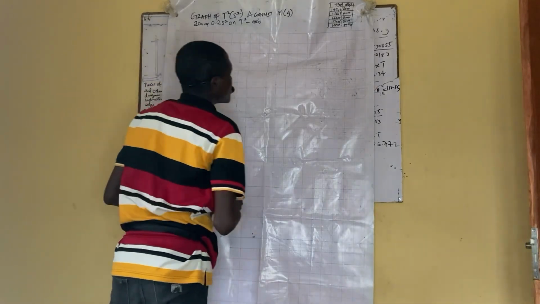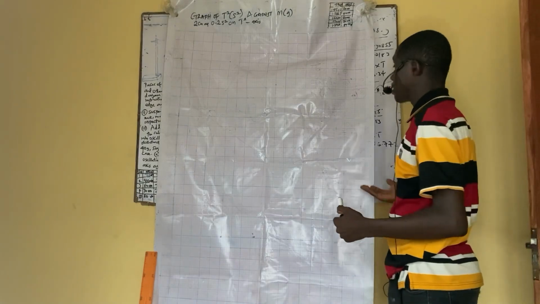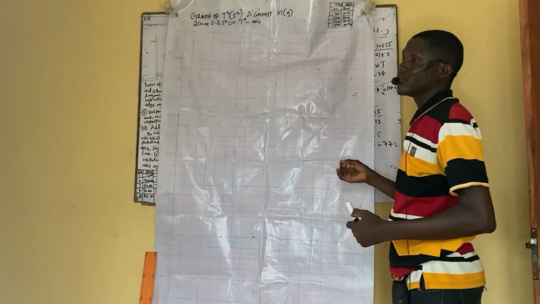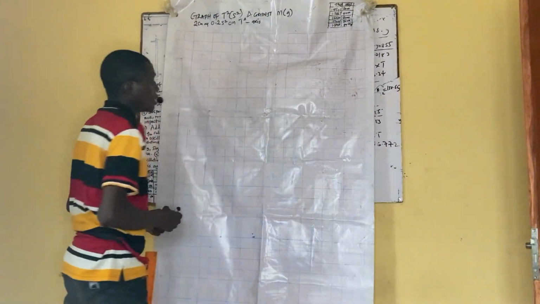Then on the horizontal axis, I'm going to 80, right? I can use 10, 20, 30, 40, 50, 60, 70, 80.